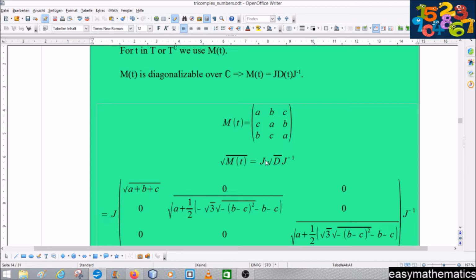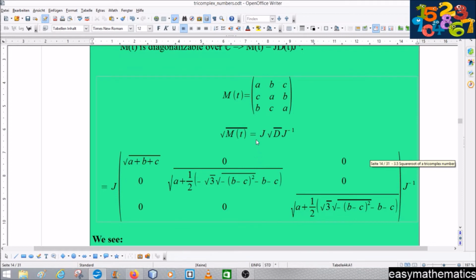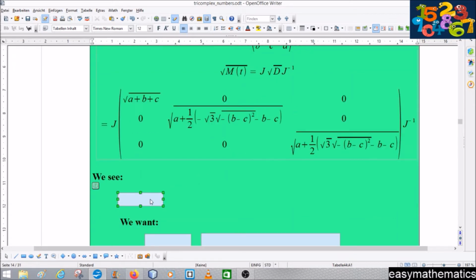We will not prove this in detail. Yeah, and if you diagonalize this matrix MT, you get on the diagonal the elements a plus b plus c and a plus 1/2 times the remaining terms, with some transformation matrix J, which is here not important. And then on each diagonal element we take the square root, and now what can we see? We see that in the second and third diagonal element there is a minus quantity squared.